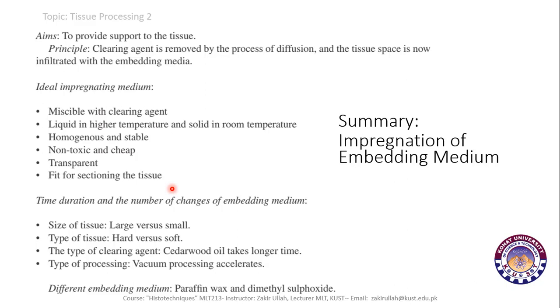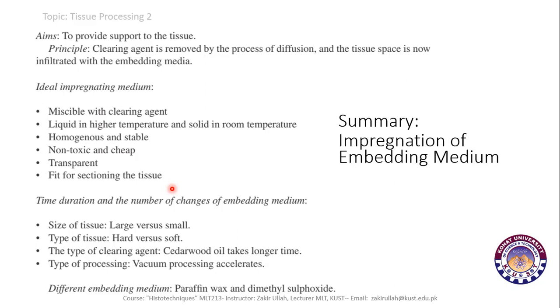And the time for impregnation with the embedding medium depends on the size of the tissue, the type of the tissue, the type of the clearing agent and the type of processing. So larger tissues need more time as compared to smaller tissues, and harder tissues take more time than softer tissues.